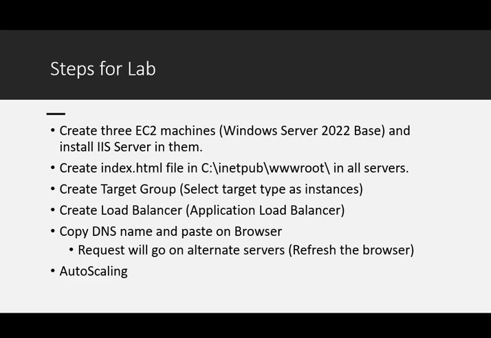Then I will be moving ahead with the auto scaling groups and configuring the auto scaling part. So this all will be the demonstration for this particular cloud lab. So let's start working on this lab.